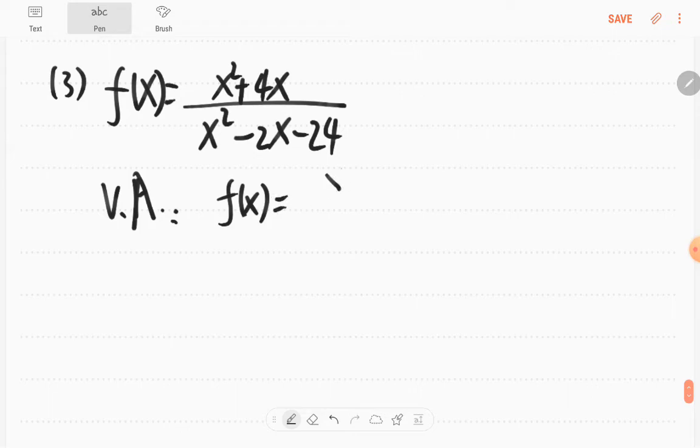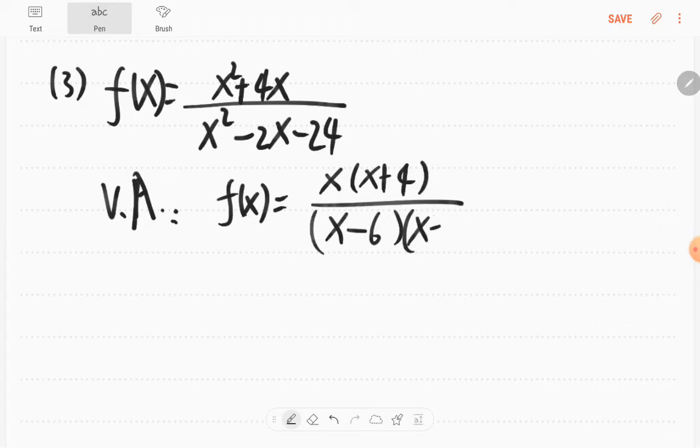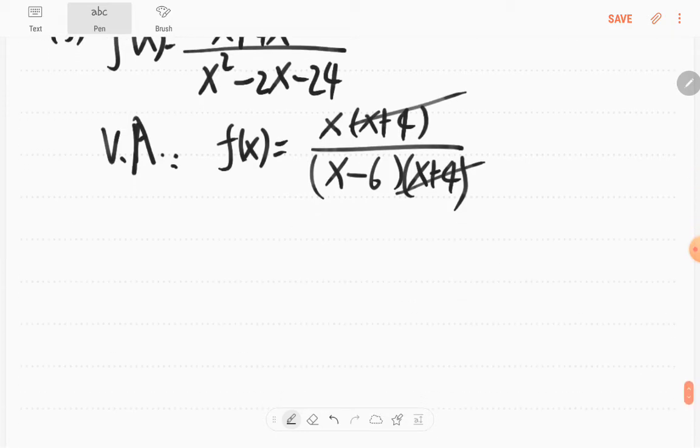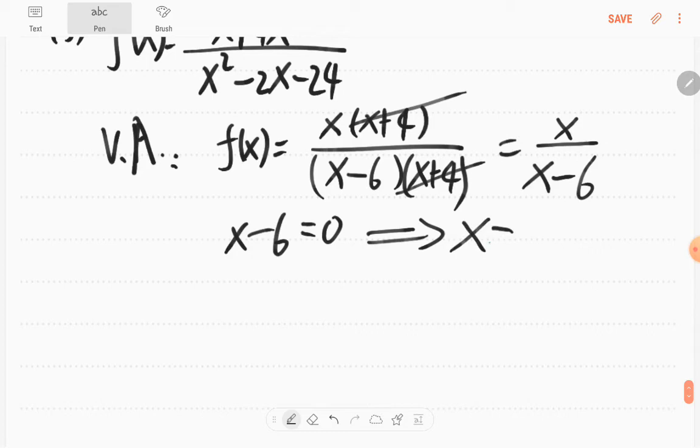So let's factorize the top: x times x plus 4. The denominator is x minus 6, x plus 4. So you can see we can cancel out x plus 4. It would be x over x minus 6. So the vertical asymptote is x minus 6 equals 0, which means x equals 6.